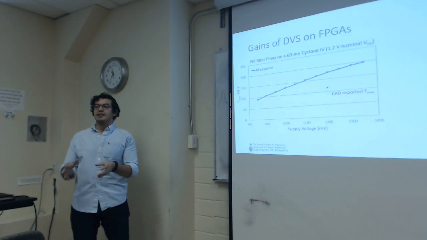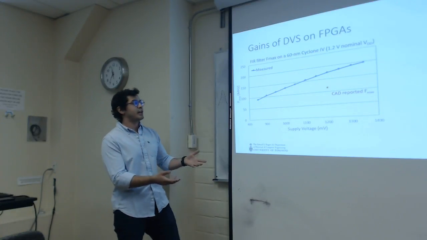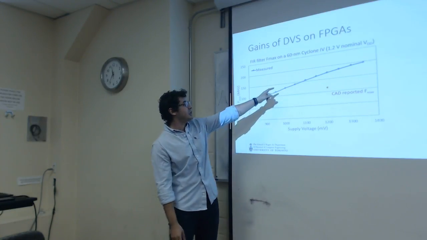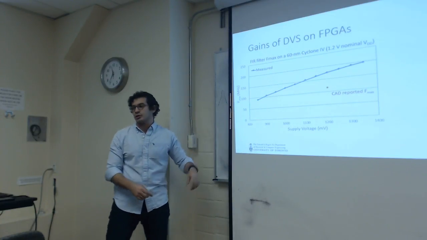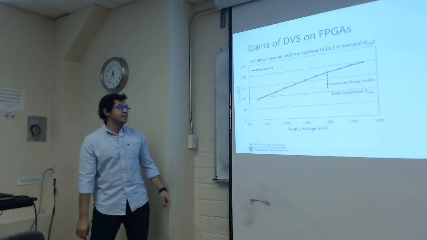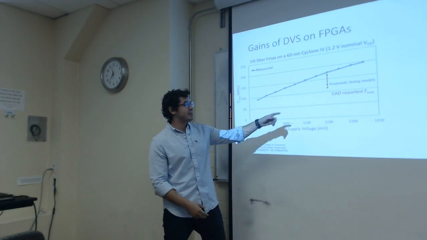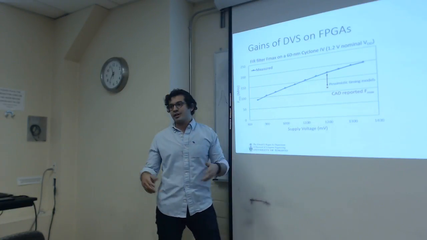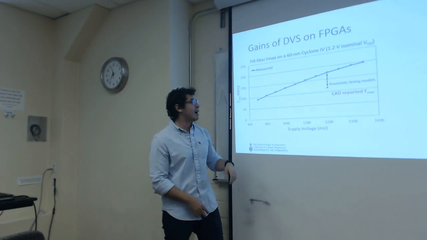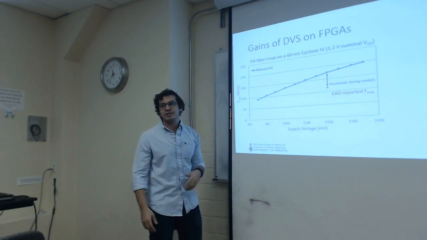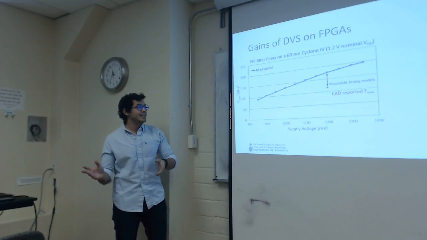So we had a Cyclone 4 chip, and we actually measured that, and that's what you see here in the blue line. The blue line is the measured Fmax at different supply voltages. What you can see here is that because of pessimistic timing models that are necessary for safe operation across different chips and applications, you get this gap, right? This gap is necessary to guarantee safe operation.